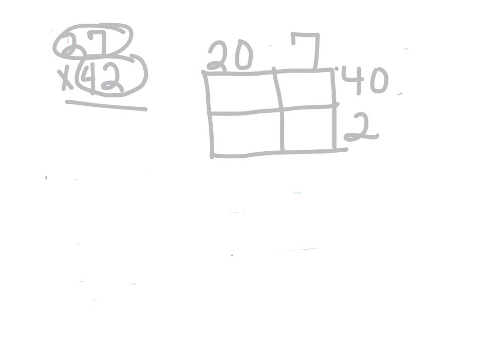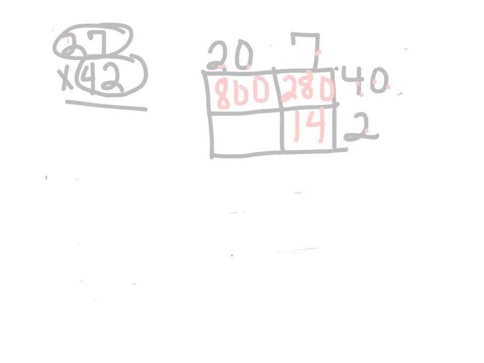Now I'm ready to do my multiplication. So I know that 7 times 4 is 28, and I add that 0, and I get 280. Then I have 7 times 2, which makes 14. Over here in this column, I have 20 times 40, and that seems kind of big at first, but I know that 2 times 4 is 8, and I have 2 zeros to add, so that's 8 and 2 zeros.